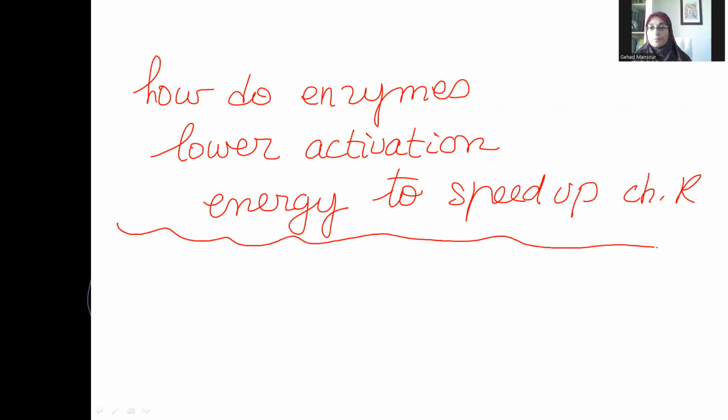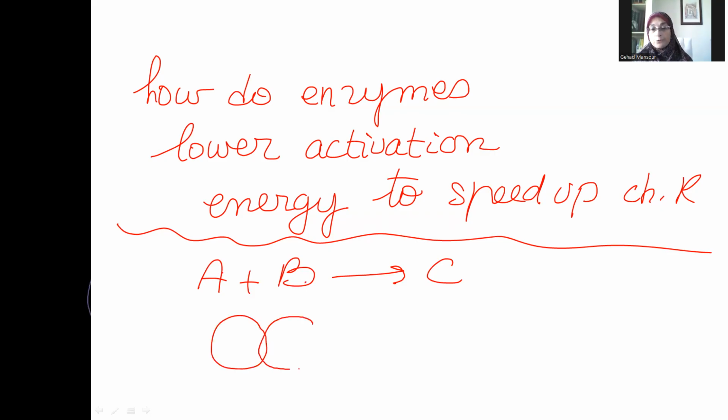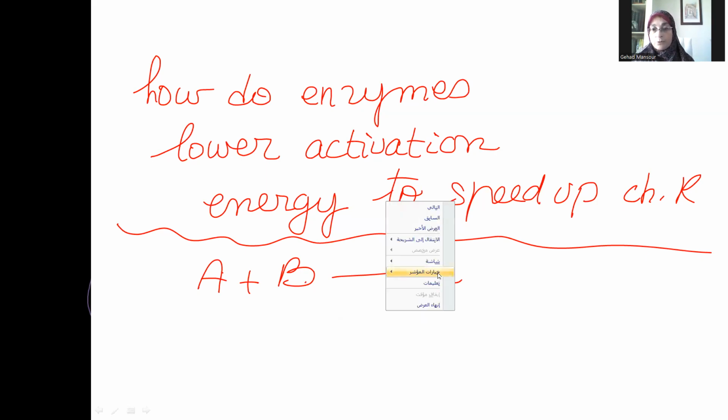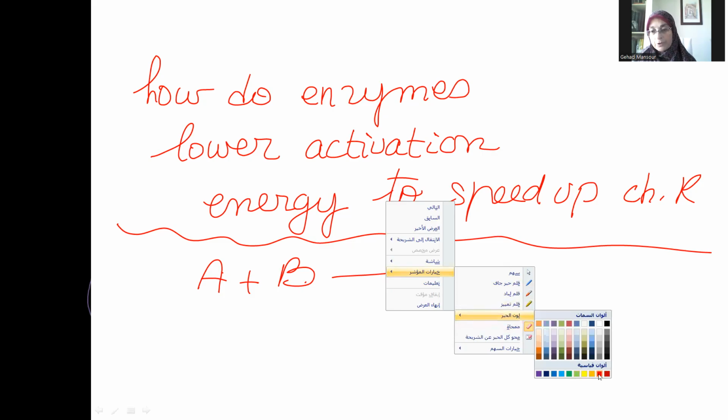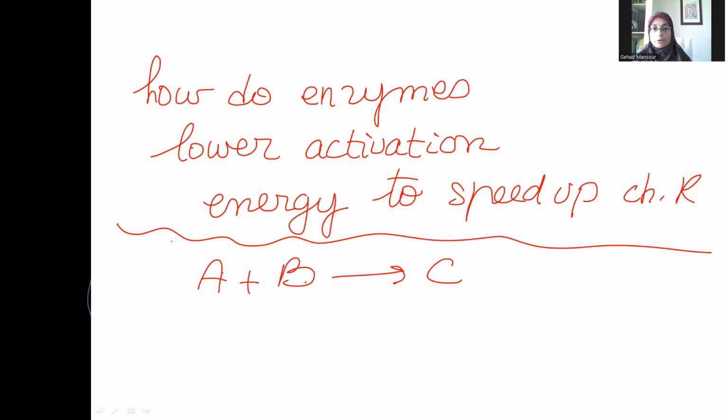As you know, molecules that react with each other, say for example, A and B, react together to form molecule C. So in order for A and B to react together, they have to collide with each other. And in order for them to collide with each other, they have to have kinetic energy. So molecule A should have kinetic energy, molecule B should have kinetic energy. And as you know, kinetic energy is the energy that accompanies movement.